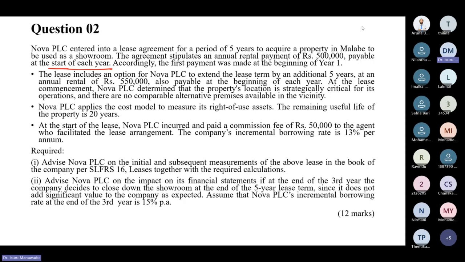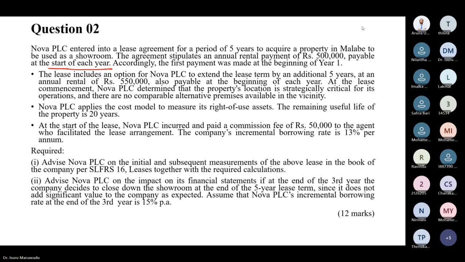If the legal ownership of the asset is transferred to the lessee by the lessor, depreciation should be based on the useful life of the asset. The reason is the right of use asset will be used even after the lease term because legal ownership has been transferred.